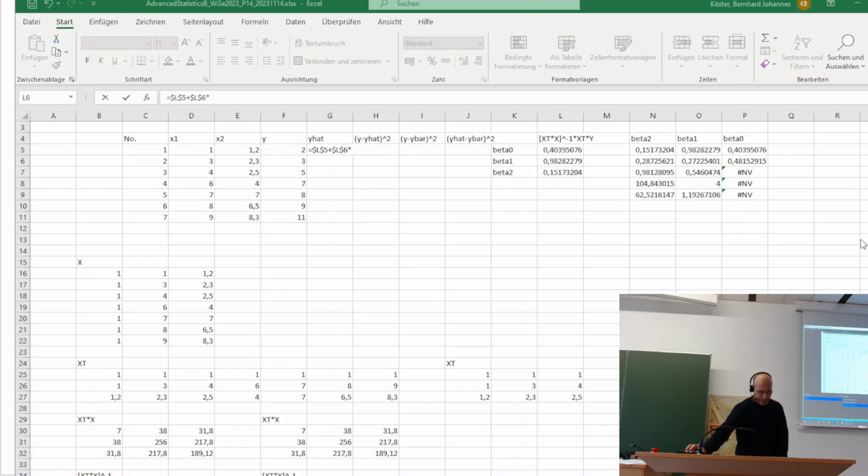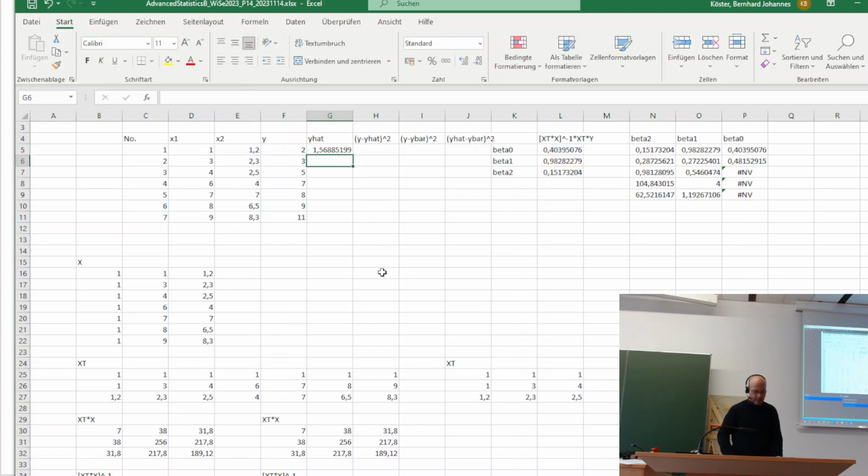Times 1.1, this is beta 1 x1, and now plus beta 2, fixed, times x2.